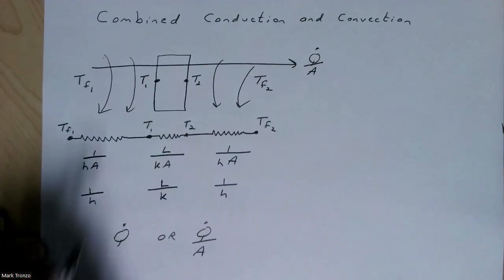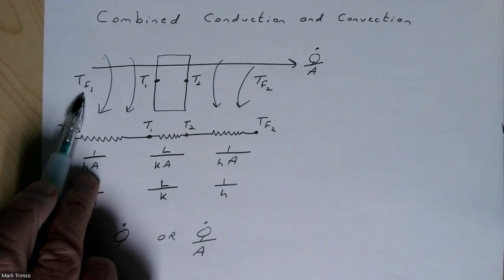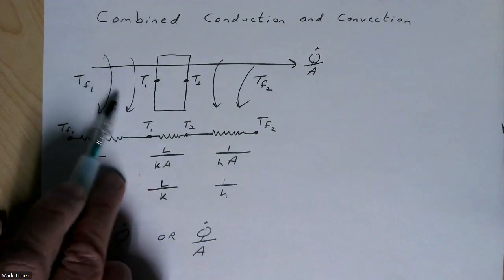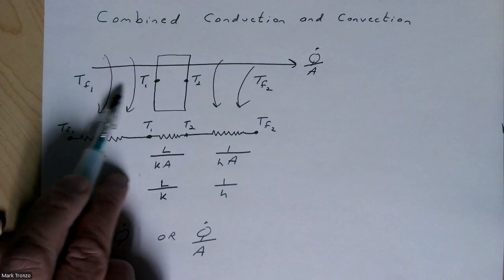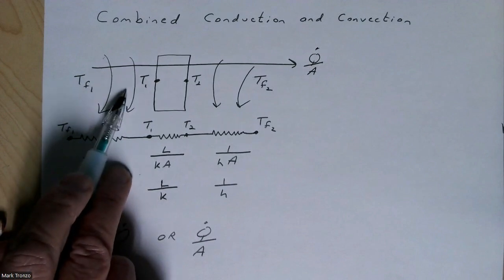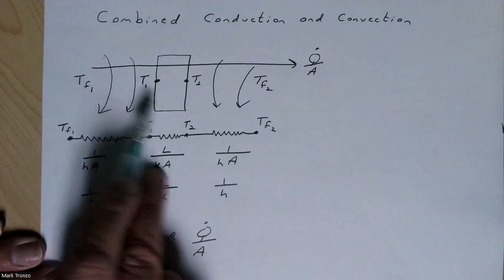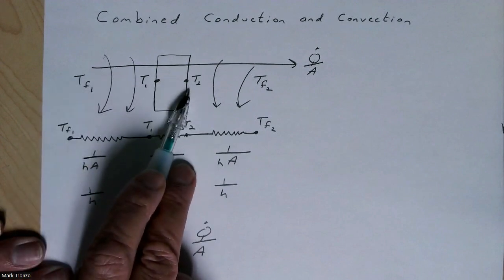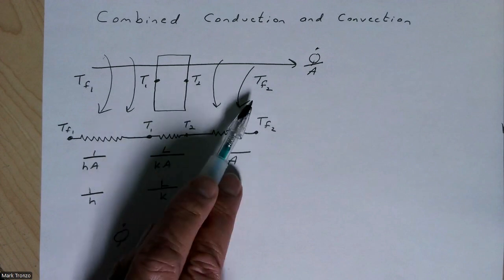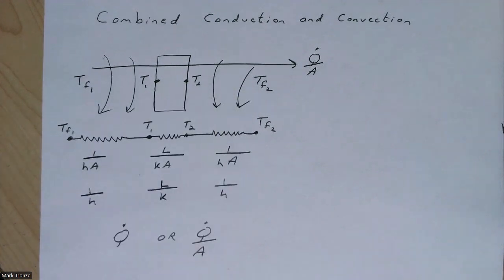And let's say maybe this TF1 and this T1, and the heat transfer rate, then you can calculate this heat transfer very easily right here. And then once you get that heat transfer rate, you can kind of work to the next value. You can use conduction here, convection here to find the other temperatures.